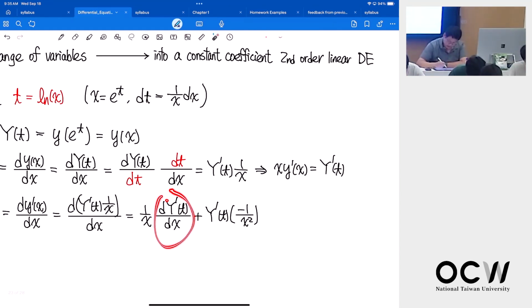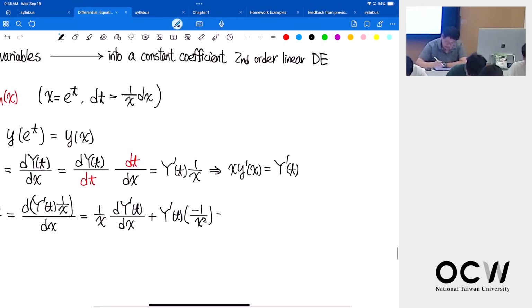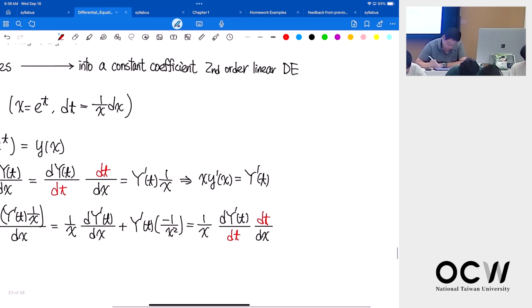Here we do the same thing, the chain rule, but here we have y prime: 1 over x, d y prime over dx, but for the chain rule we have dt and also dt in the numerator.